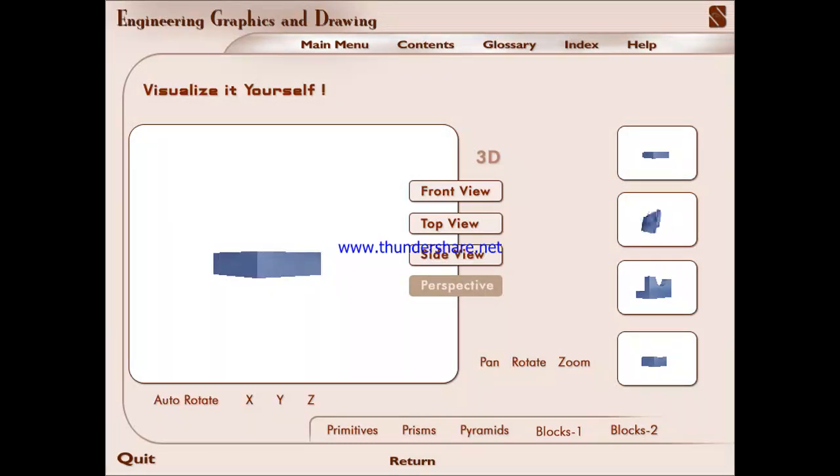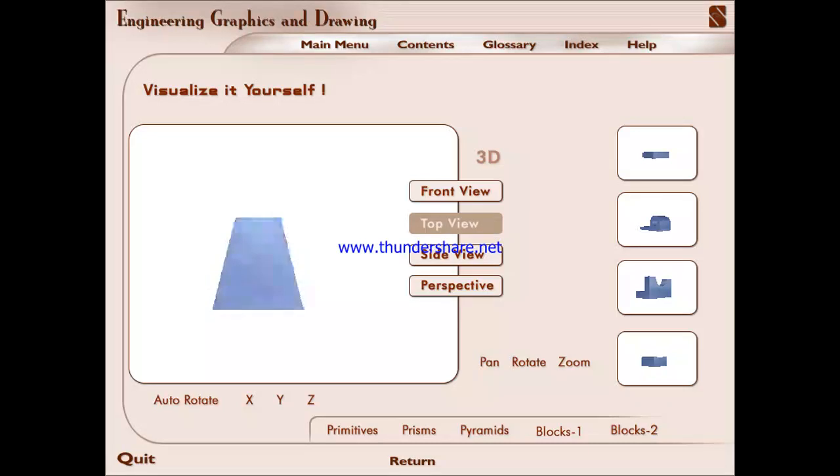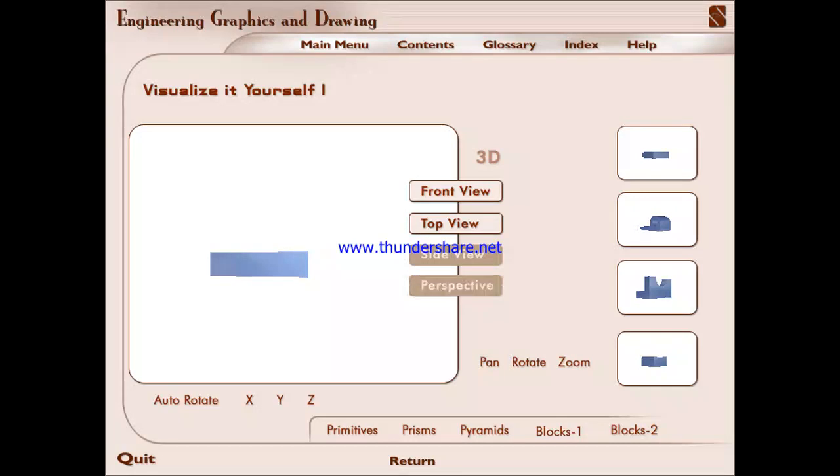Now let us consider a visual box block. For this, front view is like this, top view, side view, perspective view.